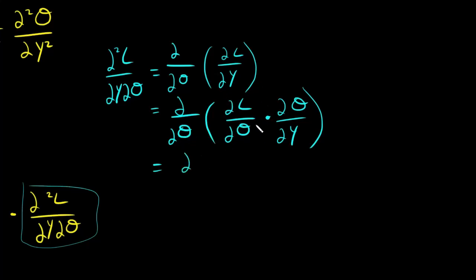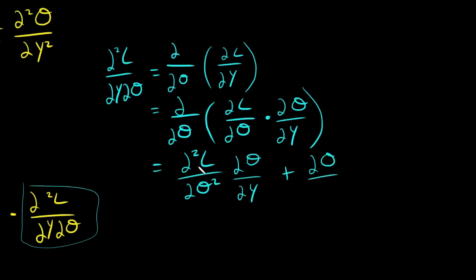So let's do product. So derivative of the first, or well, it doesn't matter what order you go in. So the derivative of the first times the second, plus, or wait, let me not confuse myself.